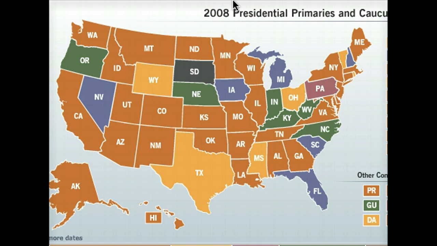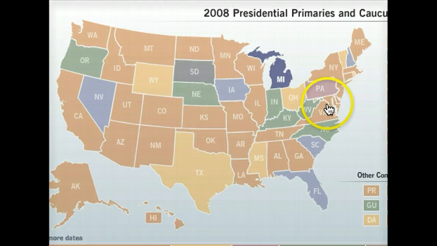And the reason I'm pulling up a 2008 one is not because I want to be outdated, but because 2008 was the last time that the Republicans and the Democratic Party had to choose somebody to run for their party. Because in 2012, Obama was the automatic default nominee because he was running for re-election.